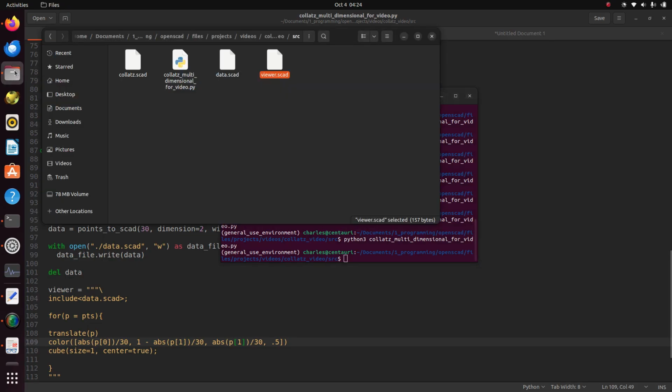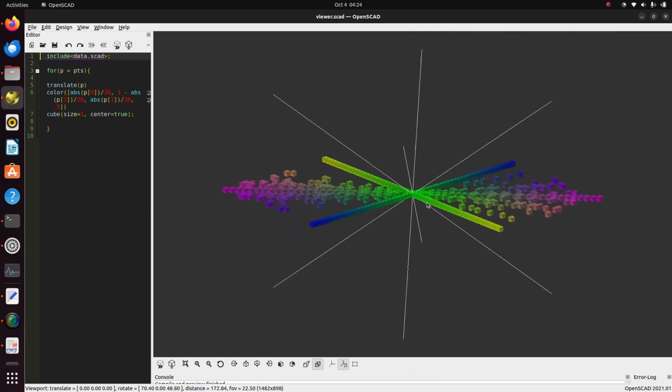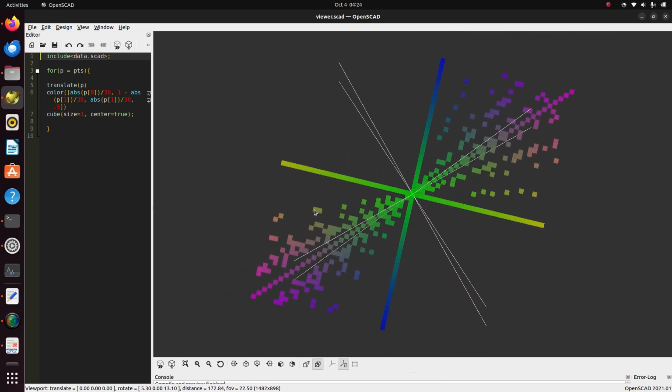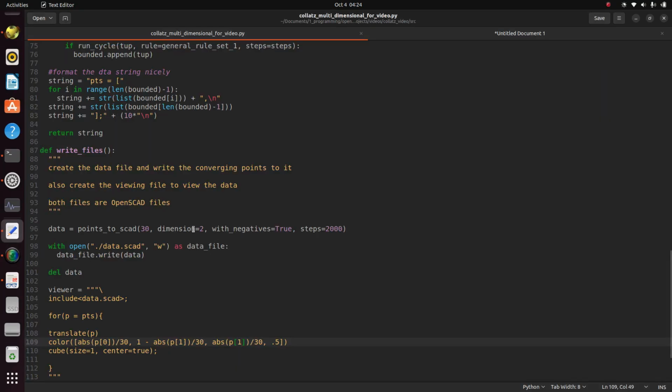There we go, so it generated, so I open the viewer, and here's the two-dimensional version. And you can change how far you want it to go. Like you could go to 35.